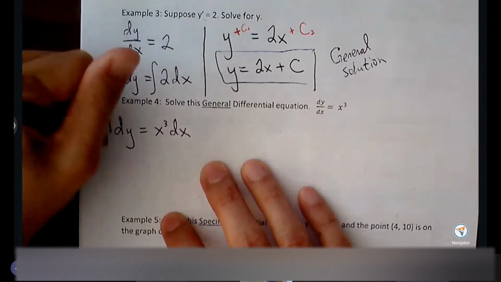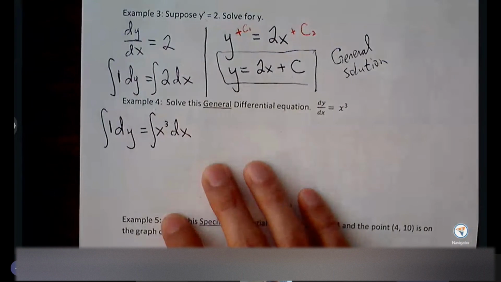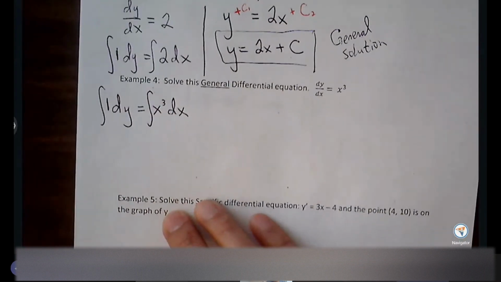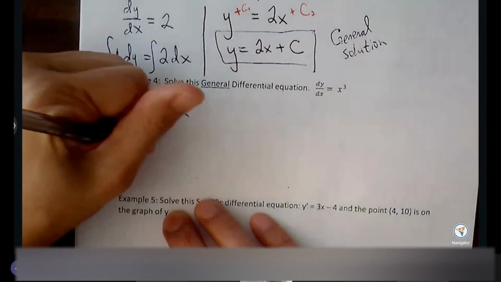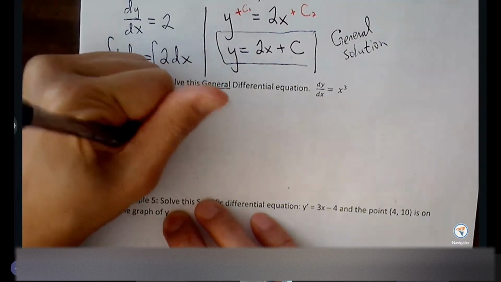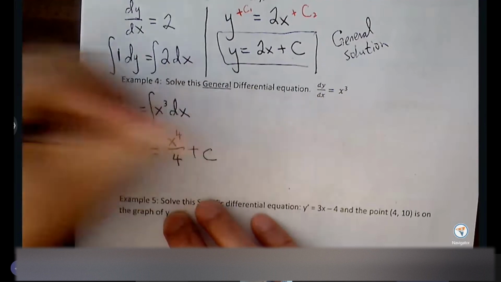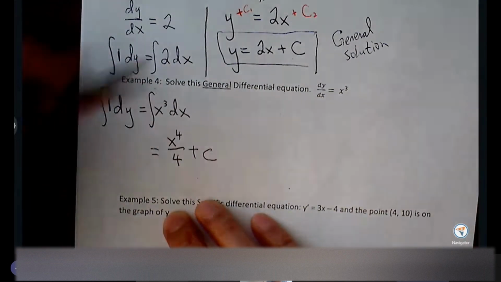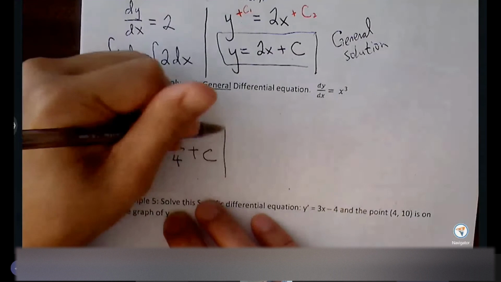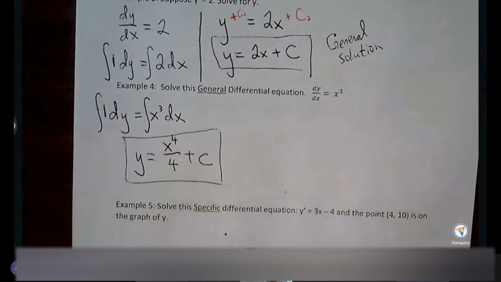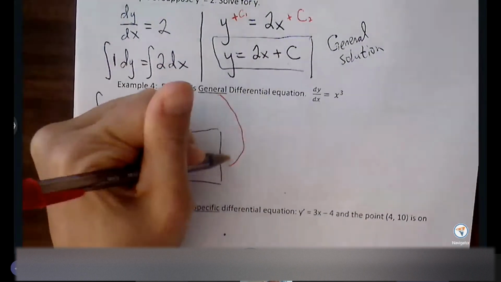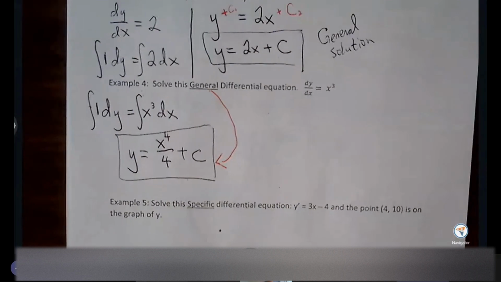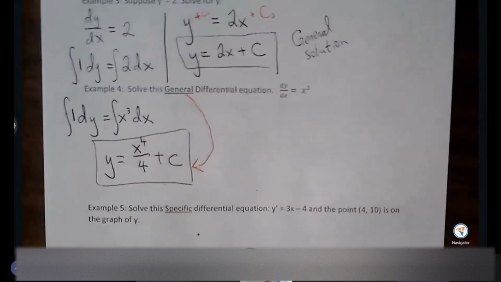I'll put a 1 here just as a reminder that that 1 is going to have to transform. Okay, go through power rule. Right side becomes x to the 4th over 4. And then 1 is going to turn itself into y. Again, this is a general solution because we have a plus c showing. Any questions here?